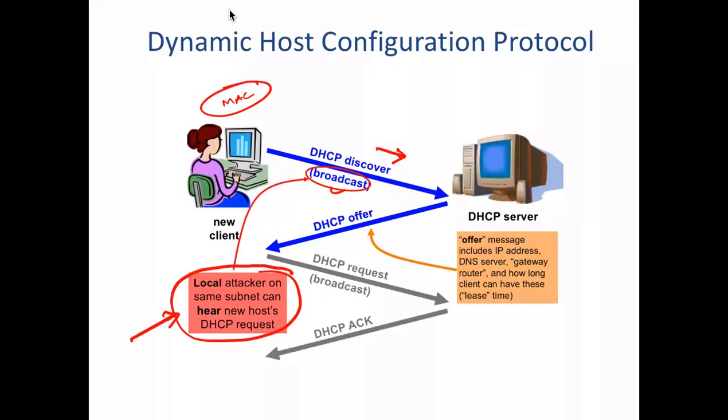And whenever a DHCP request is going, all the parameters are available here: the IP address, gateway address, lease, and so on. That information is also available. Can an attacker exploit this? Of course, yes. These are the two threats, right?